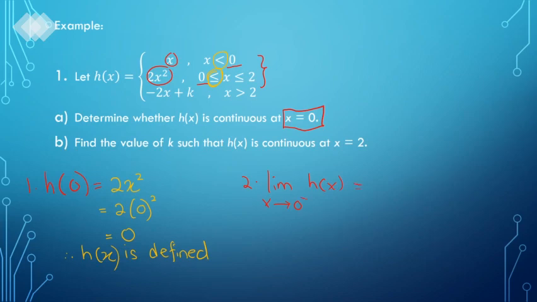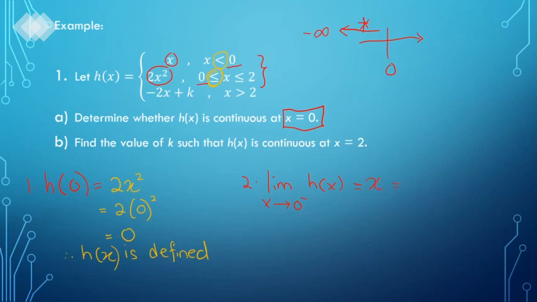So we need to look at which one. So for the limit, this is 0. So left hand side, you need to find the left side, here. So meaning it must be less than 0.